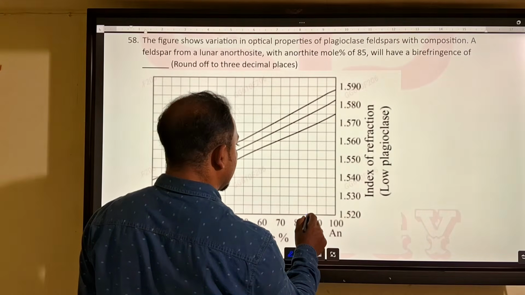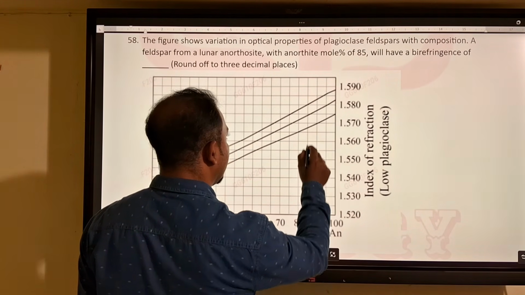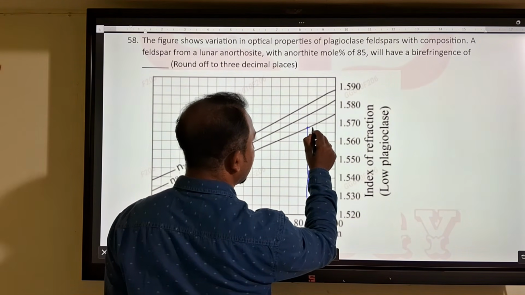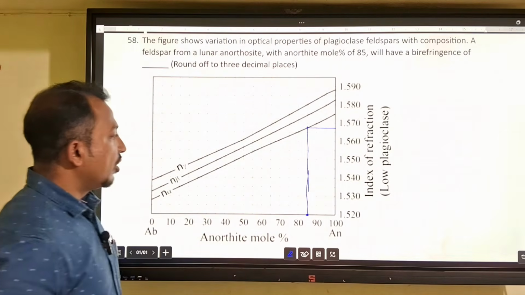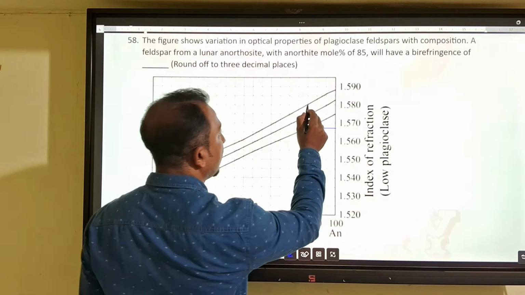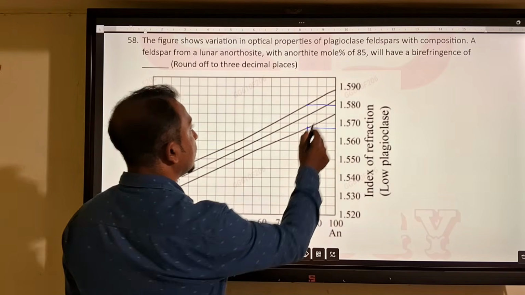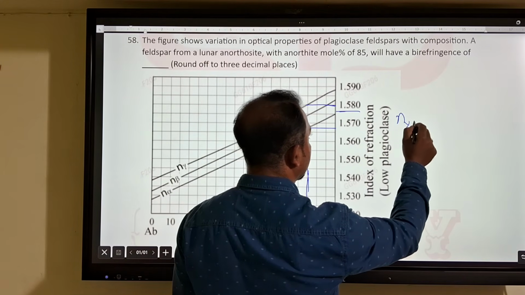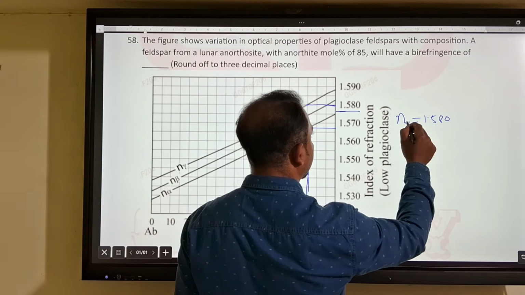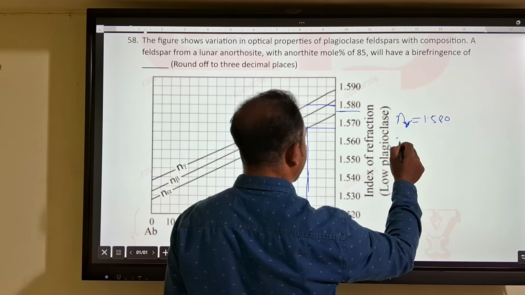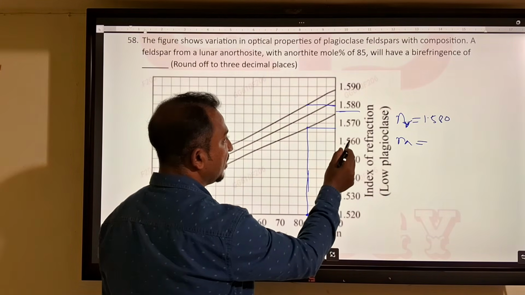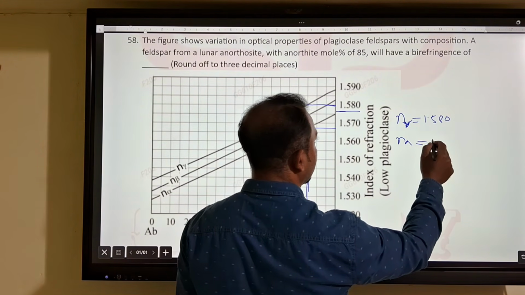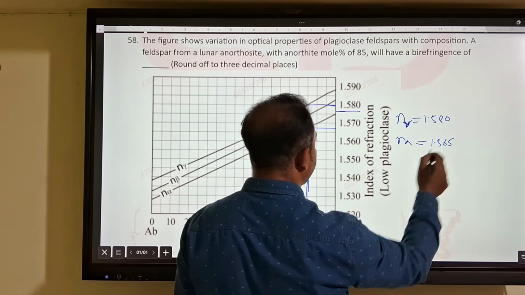So you have to find the value of n alpha and n gamma at anorthite 85%. n gamma is clearly 1.580, and n alpha is between 1.560 and 1.570, so we'll take 1.565.